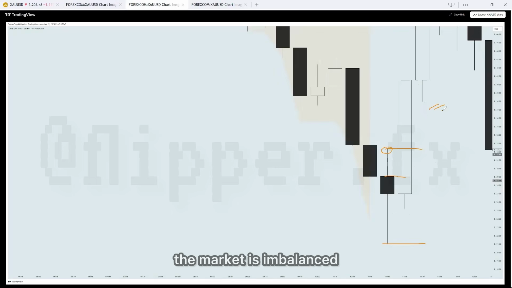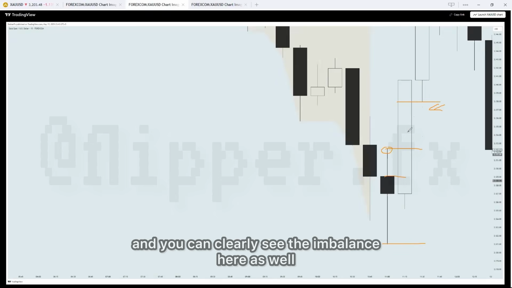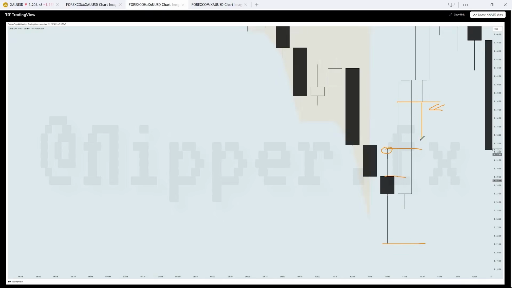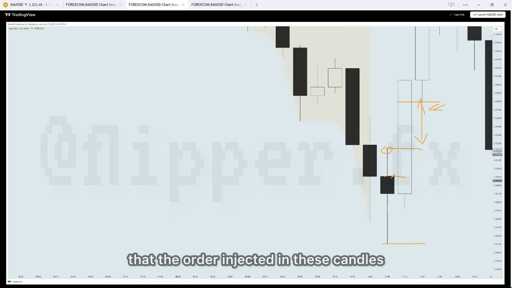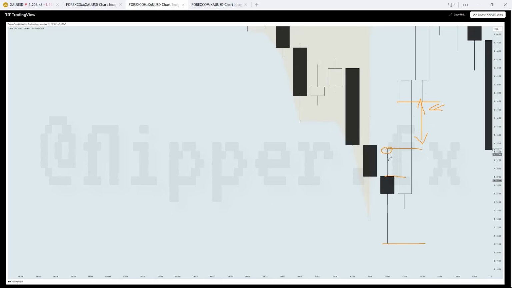The market is imbalanced and you can clearly see the imbalance here as well. This is an imbalance area. Now this means that the order injected in these candles should be either in this wick or in this wick. In this case, it was in this wick. As soon as the market moved up, it dropped again.